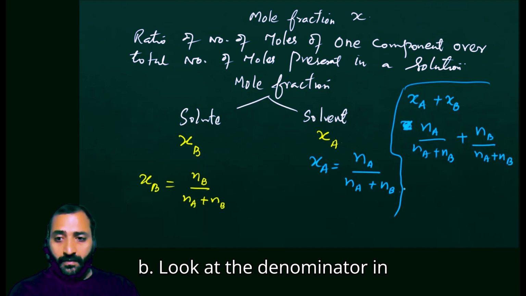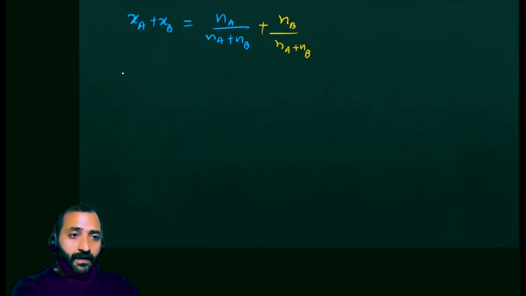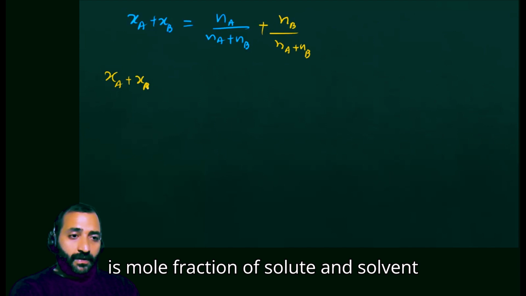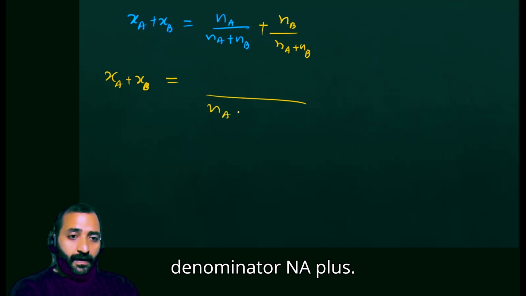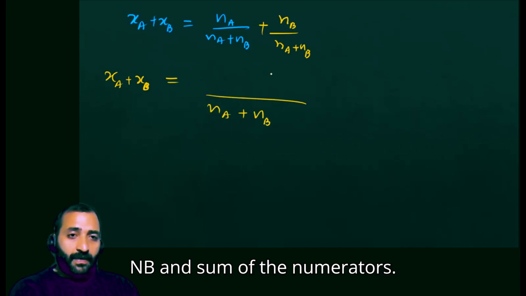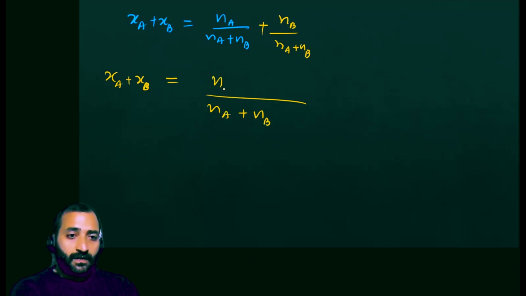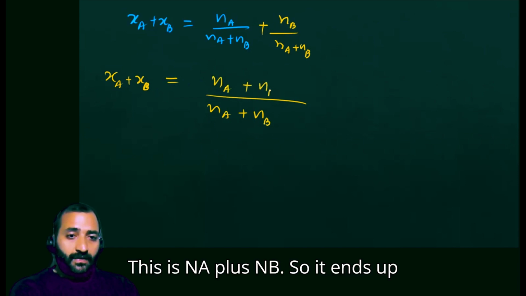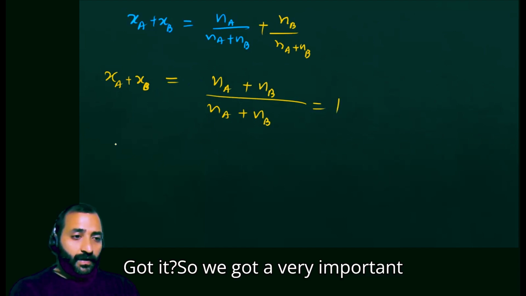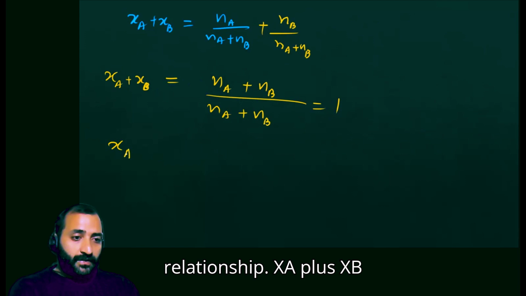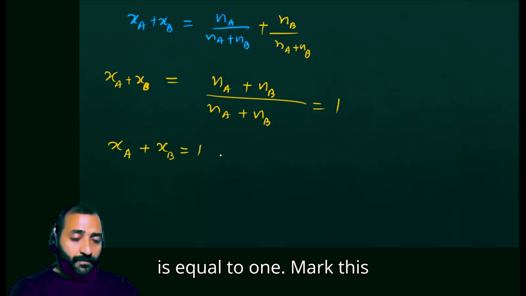Look at the denominator in both the terms, it's the same. Now xa plus xb, the mole fractions of solvent and solute, will be equal to, taking a common denominator na plus nb, and summing up the numerators, na plus nb. So it ends up equal to 1. Got it? So we got a very important relationship: xa plus xb is equal to 1.